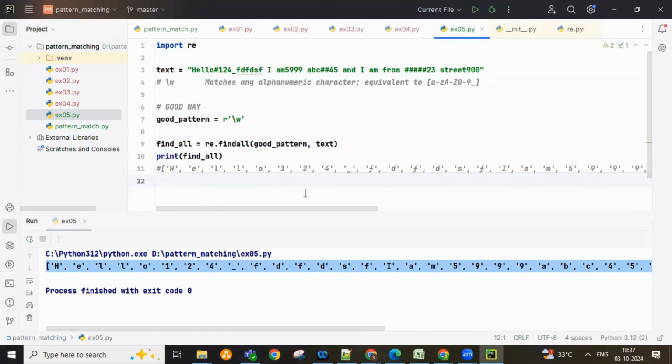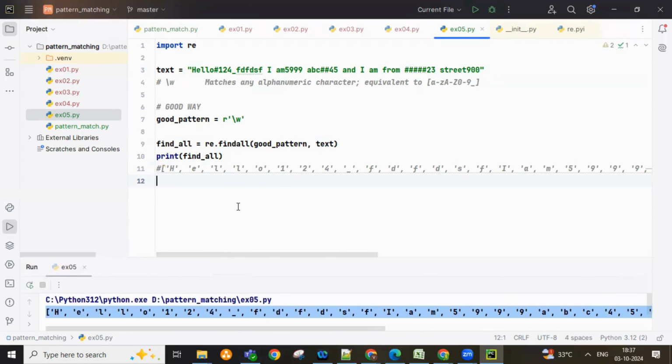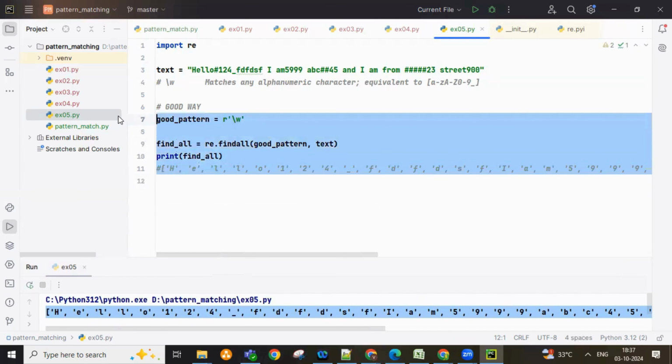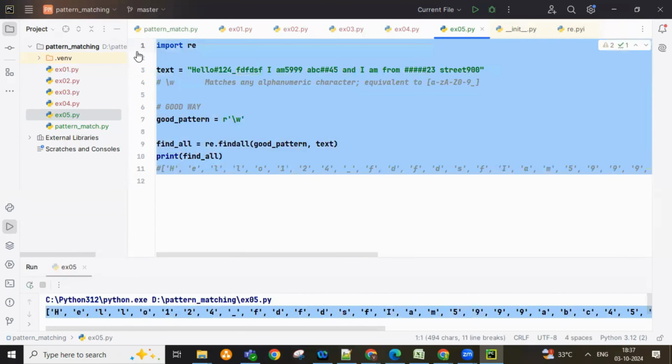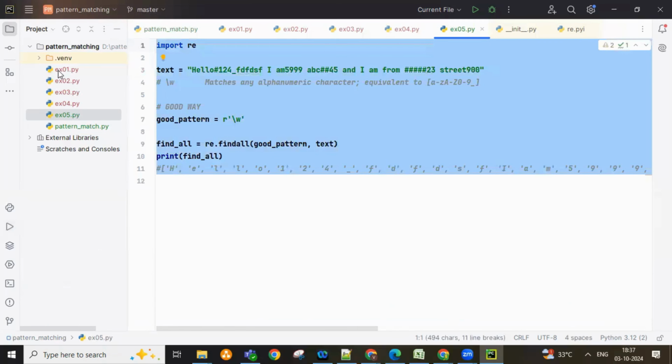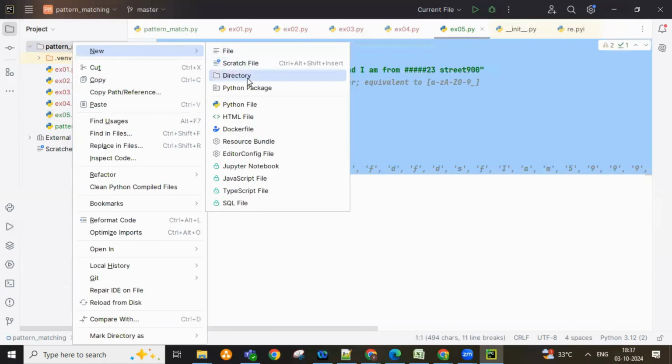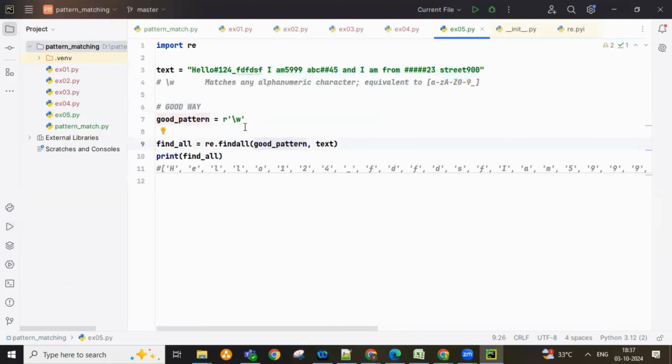Is it fine? Did you understand? Right. Now, this is how the pattern works. Now, if I slightly change this pattern, for example, if I go with one more example, I think I can make it here itself.